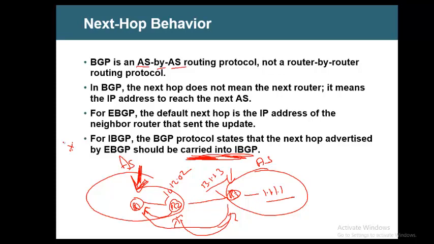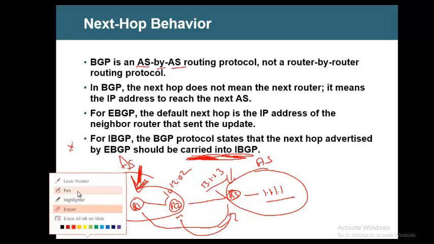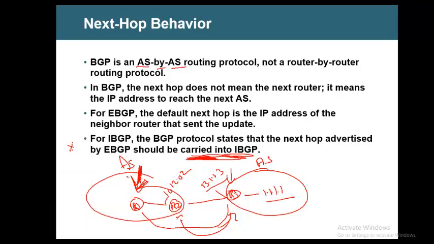R2. The other protocols like OSPF, EIGRP, they will all show router 2 as the next hop. But BGP is showing router 3's address as the next hop. The reason is it is an autonomous system by autonomous system routing protocol.